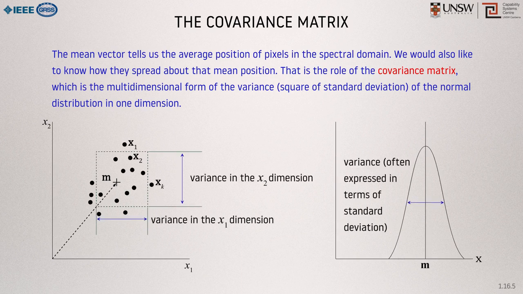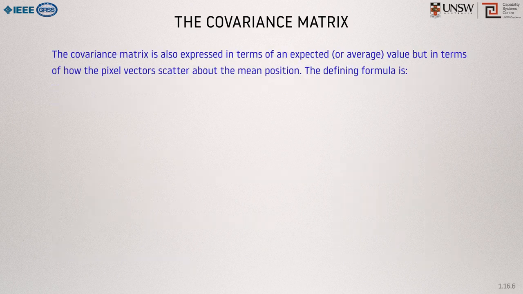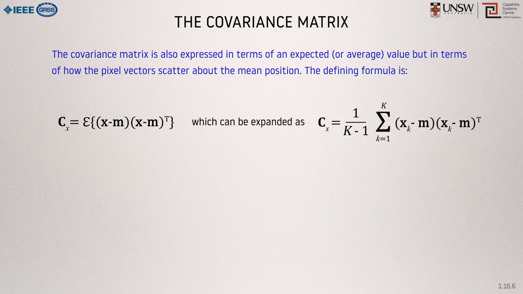That is a concept we are familiar with from statistics, where we use the concept of variance or standard deviation for that purpose. Because we are dealing with data of any dimensionality, the simple concept of variance does not apply, but we can develop a multidimensional equivalent. This is called the covariance matrix and is again defined in terms of an expectation using the formula shown on the slide.